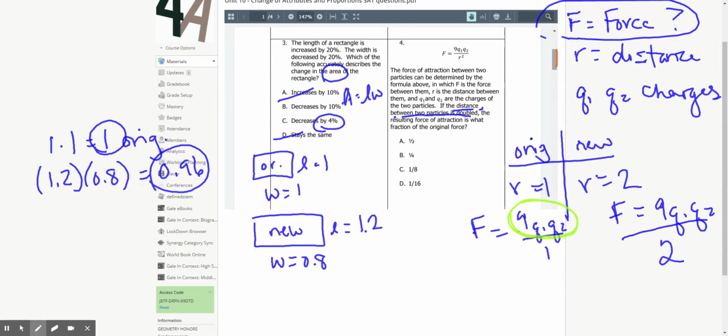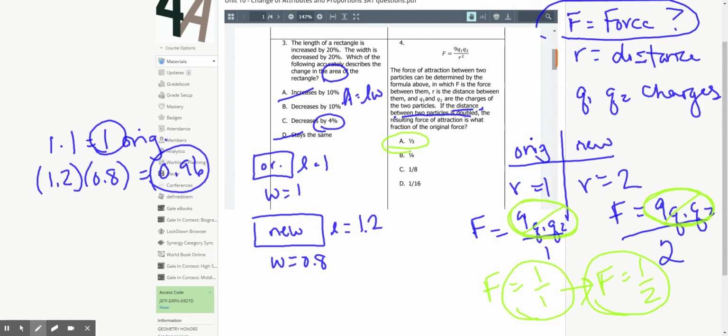This 9q1 q2 and 9q1 q2 are the same. So really we can disregard that. Force equals 1 over 1, and the force equals 1 over 2. So what happens to the force? It goes from 1 to 1/2. So what is the fraction of the original force? Looks like it should be 1/2.